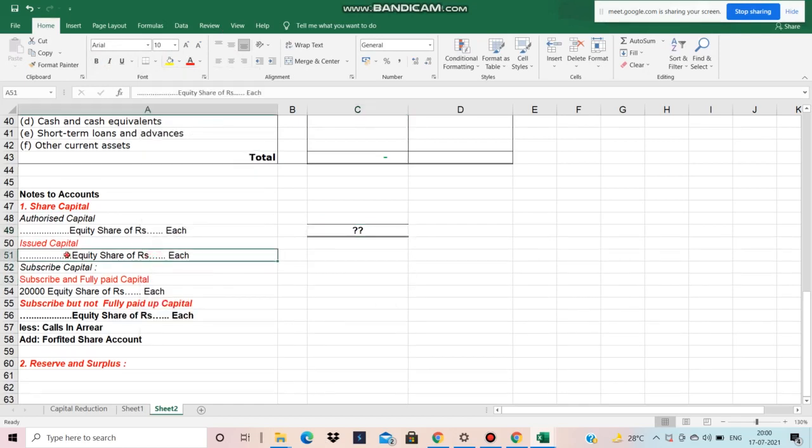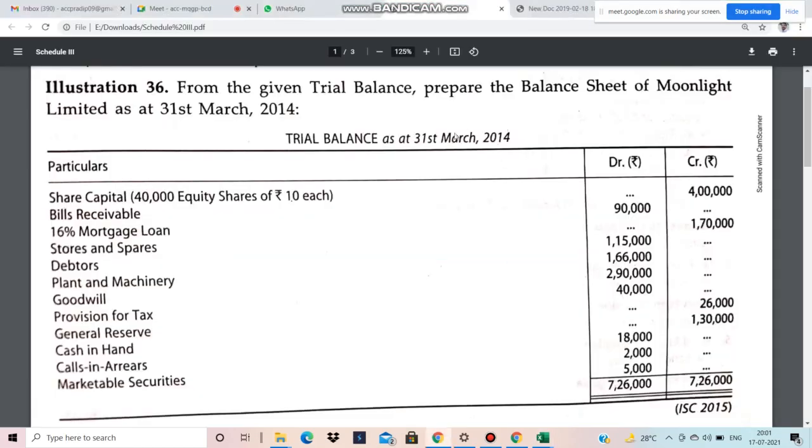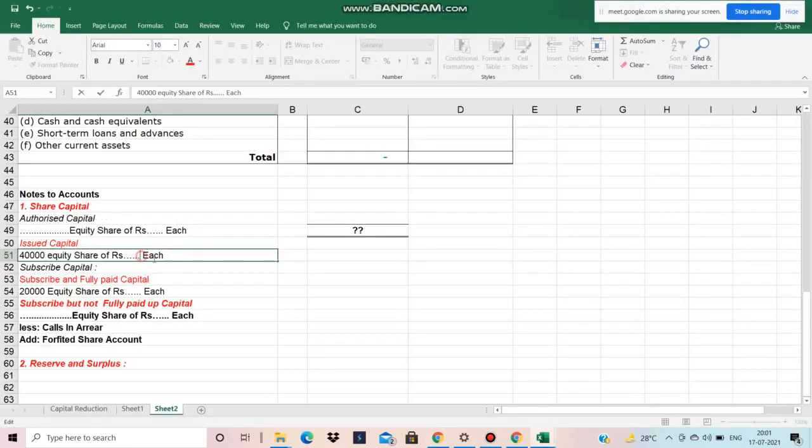Now the issued capital: how many shares are issued? Very simple, 40,000 equity shares of 10 each are issued. So the issued capital is 40,000 shares into 10.